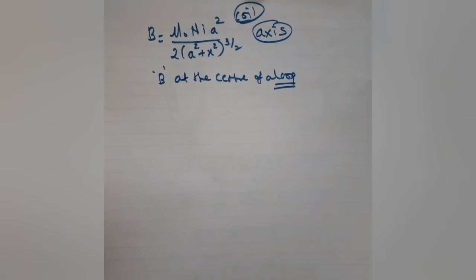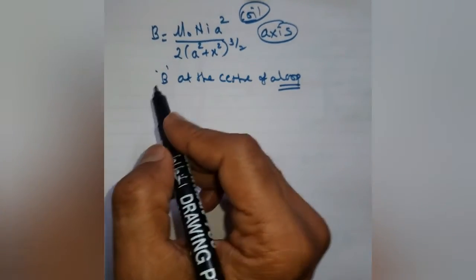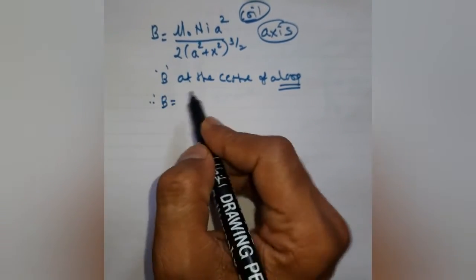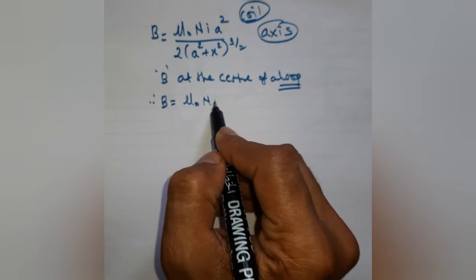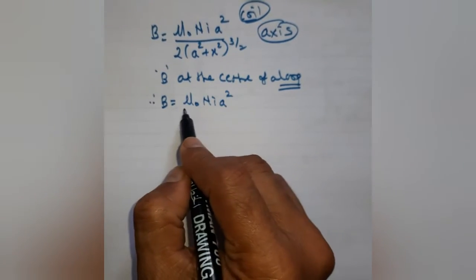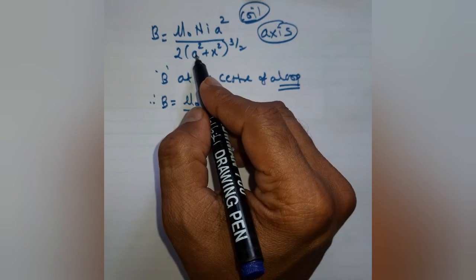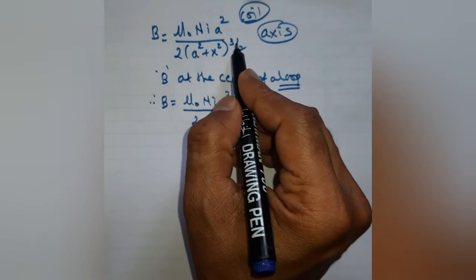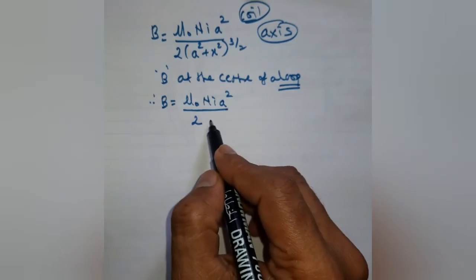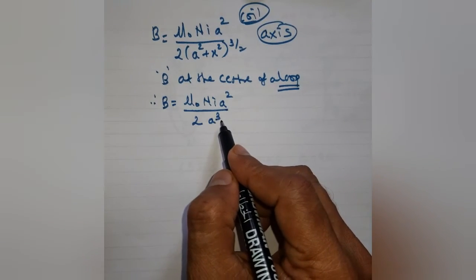So in this particular equation, if I take x as 0, I get B equals mu naught n I a square upon 2. This x is 0, so we get a raised to 2, that's a square, into 3 by 2, so the square and square get cancelled, and I get this as a cube.